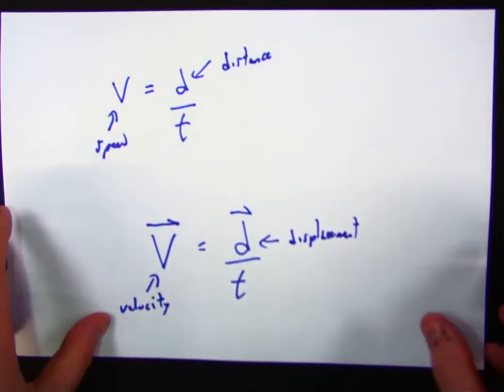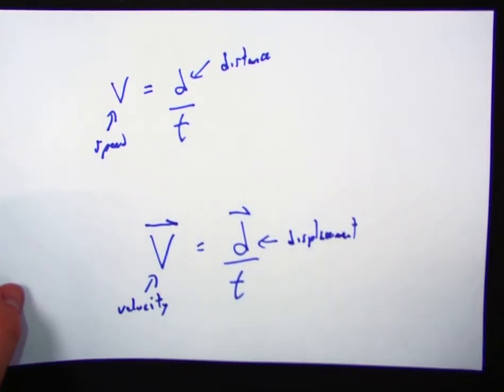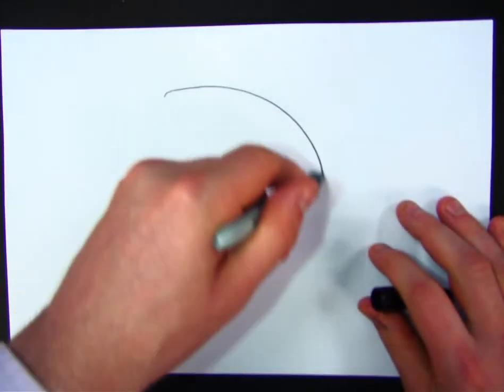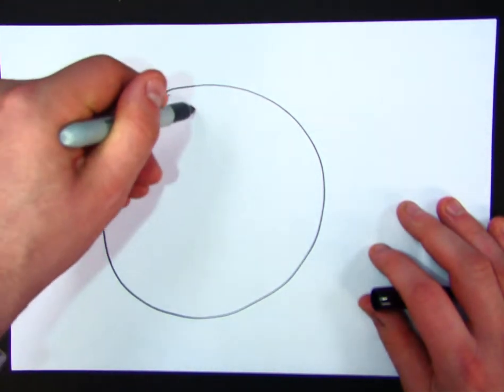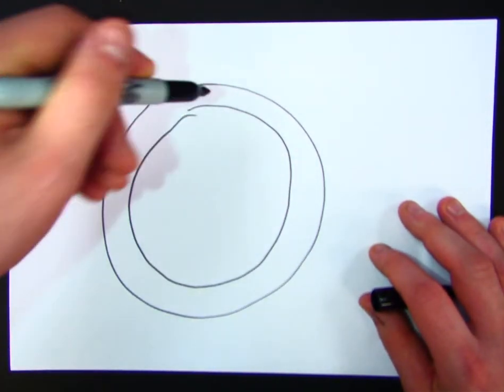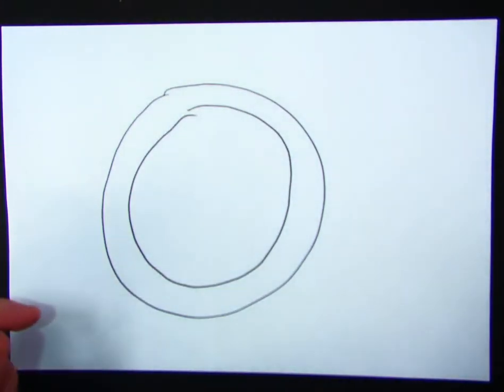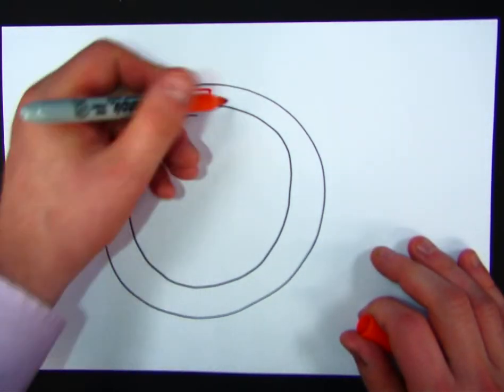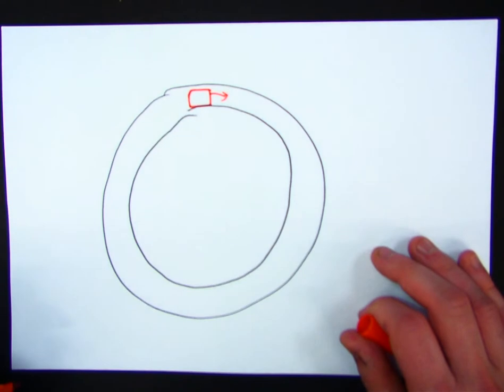I'll take a moment here and try to illustrate this with a circular example. You can imagine here that I have a circular track, and there's this car that's going to be traveling around it in this direction.